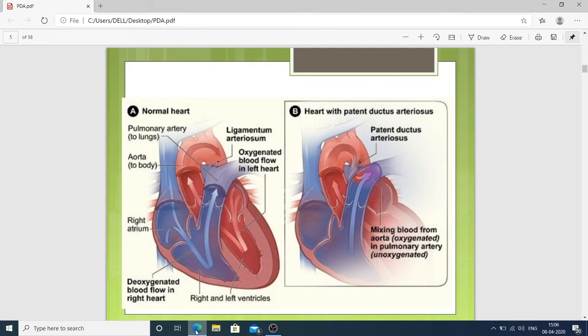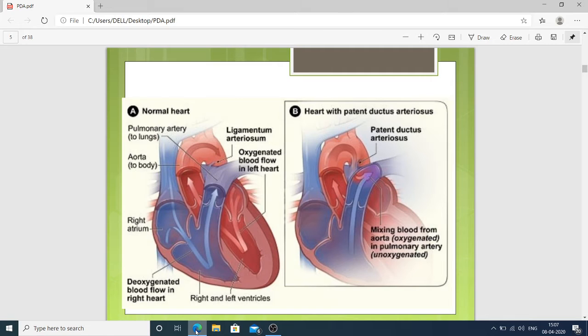In this picture we can clearly see the normal heart, and it is different from the heart diagram with patent ductus arteriosus. What happens actually? Failure of closure of the ductus arteriosus leads to shunting of blood from the high pressure aorta to the lower pressure pulmonary artery.